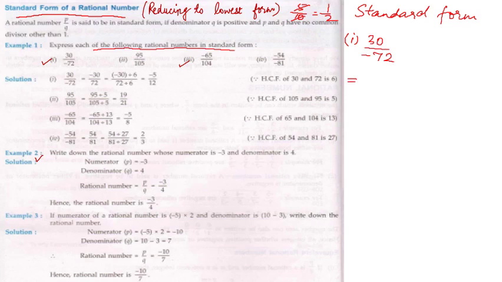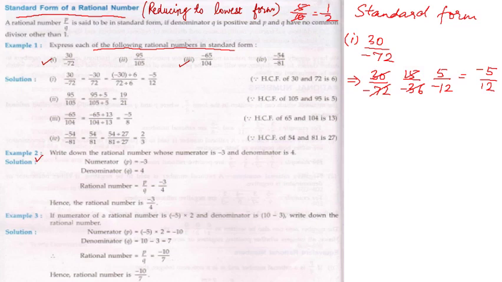So what we did, we kept on reducing the number till we get its lowest value. Let us divide by 2. So 15 twos are 30 and 36 twos are 72. Now let us divide by 3. 3 fives are 15 and 3 twelves are 36. So what is the answer? Answer is minus 5 by 12.